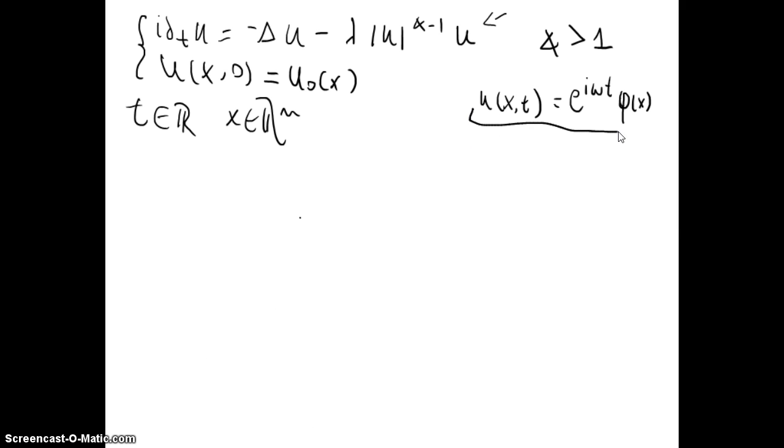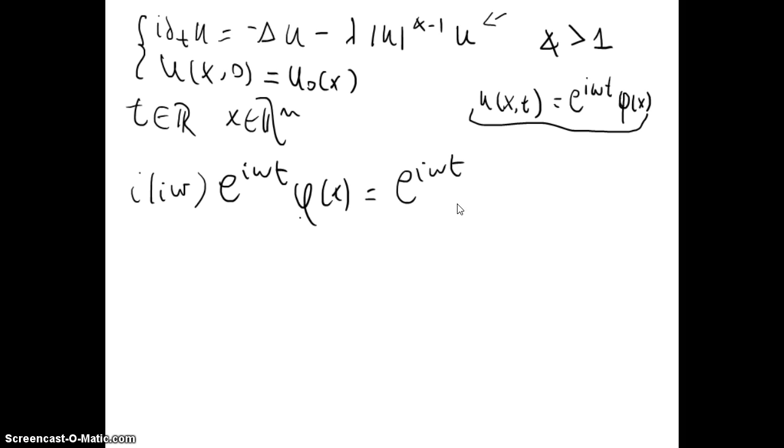Okay, so what we'll have if we put this here, then we will have to derive in t here, obtaining i multiplied by i omega e^(i omega t) phi(x) equals, okay, minus e^(i omega t) Laplacian phi.